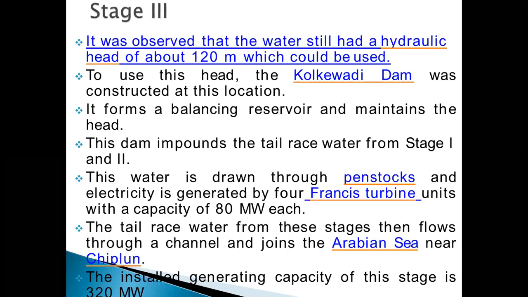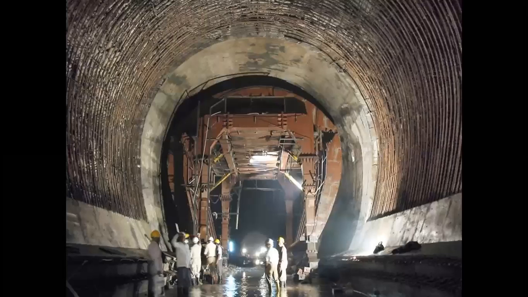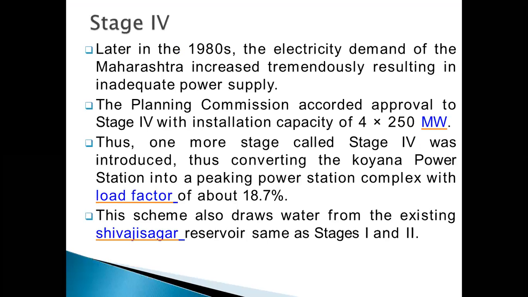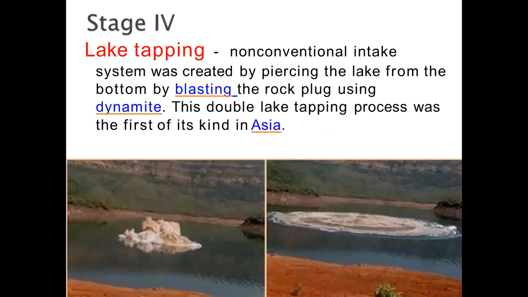After that, the 320 megawatt stage was operated, and in stage 4 the 250 megawatt capacity was used recently. Because of these 4 installations of 250 megawatt each, the overall capacity became 1920 megawatt, which is one of the largest in India.